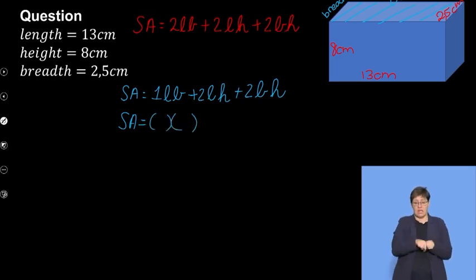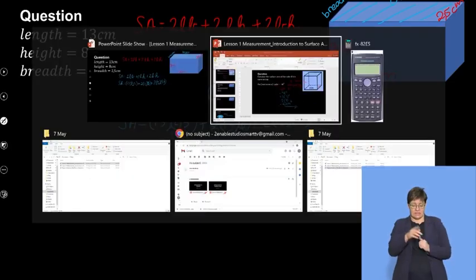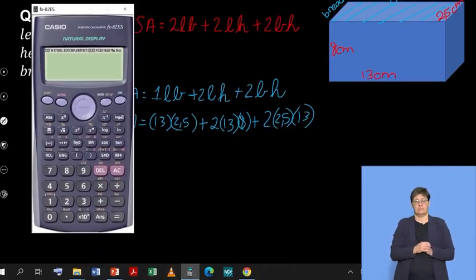Now at this point I can substitute my values in. Length times breadth is going to be 13 times 2.5. This is going to be added to 2 times length, which is 13, times height, which is 8, plus 2 times breadth, which is 2,5, times height, which is 13. I'm going to plug this all into my trusty friend, the calculator.